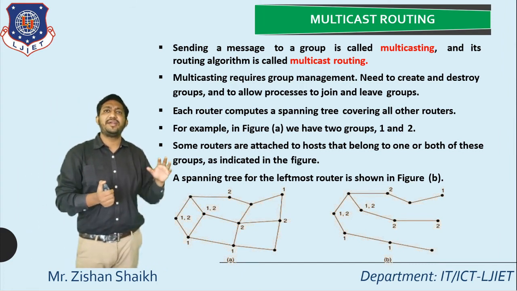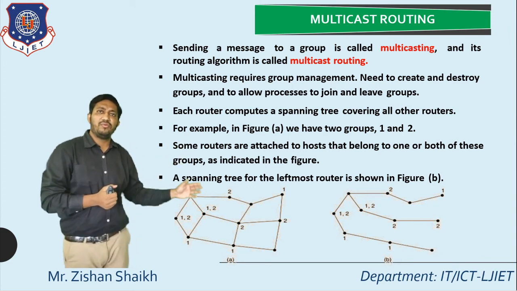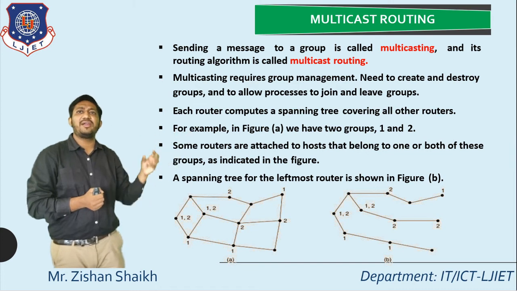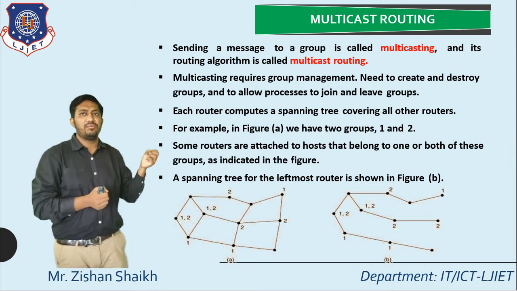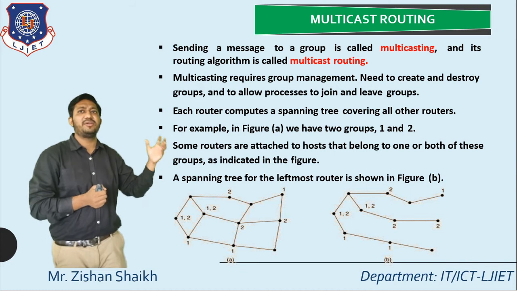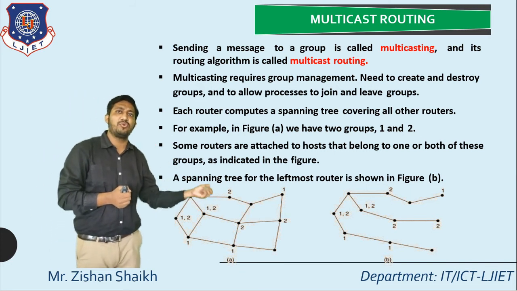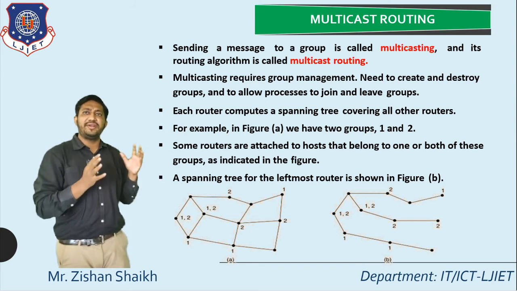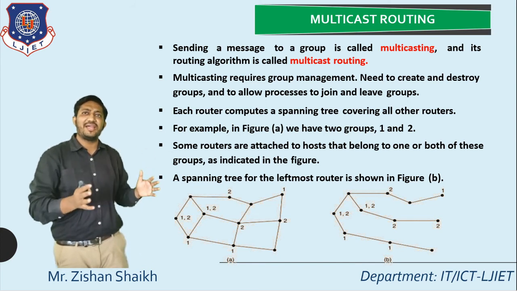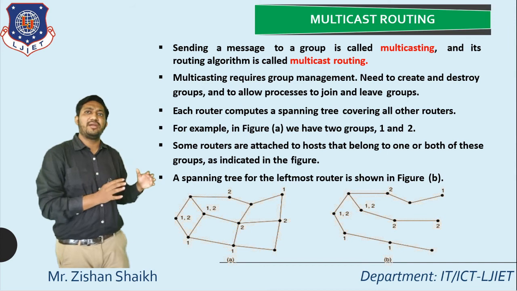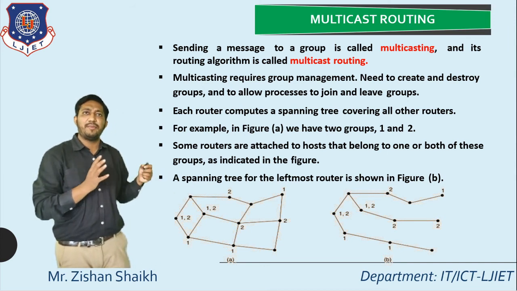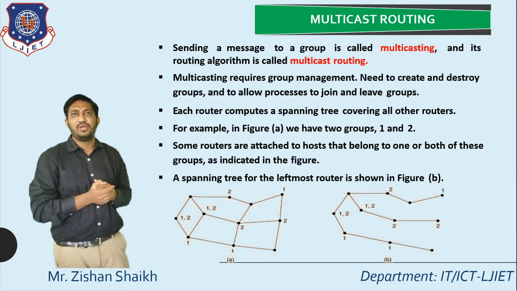If we have created two groups, group number 1 and group number 2, some destinations are interested in receiving data from group 1, some from group number 2, and some from both. According to the interest of the destinations, we categorize them into groups and maintain them. We can create a group, update a group, and destroy a group.